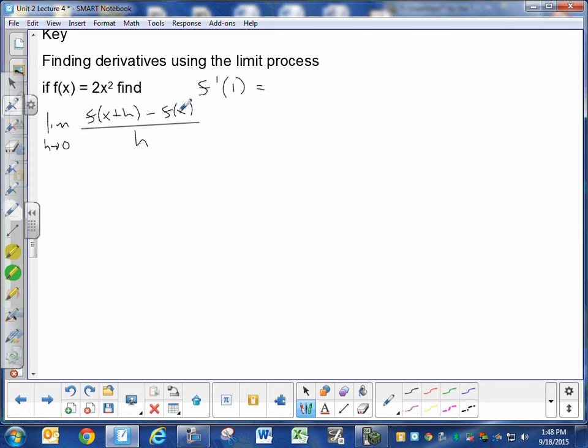That's 2x squared. I just need to know what f of x plus h is. So let's write down over here on the side. Let's remember we do have f of x, but what would f of x plus h be? Well, wherever we have an x in f of x, we'll replace it with x plus h, making sure we substitute using parentheses.